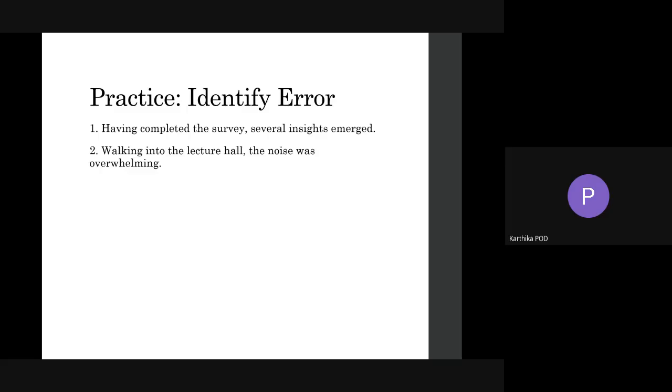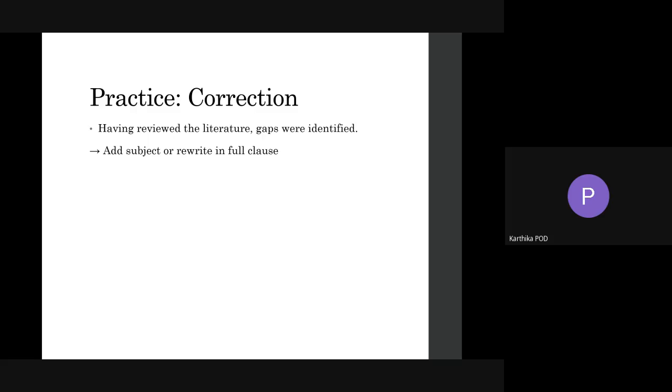The question is, who found it overwhelming? I. All right. Got it? "Walking into the lecture hall, he found the noise overwhelming," or "he found the students' noise overwhelming." That could be anything.